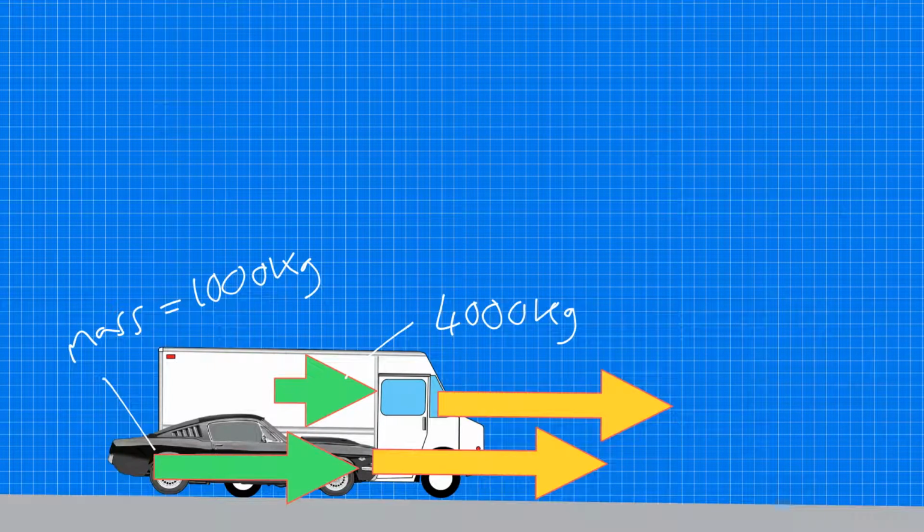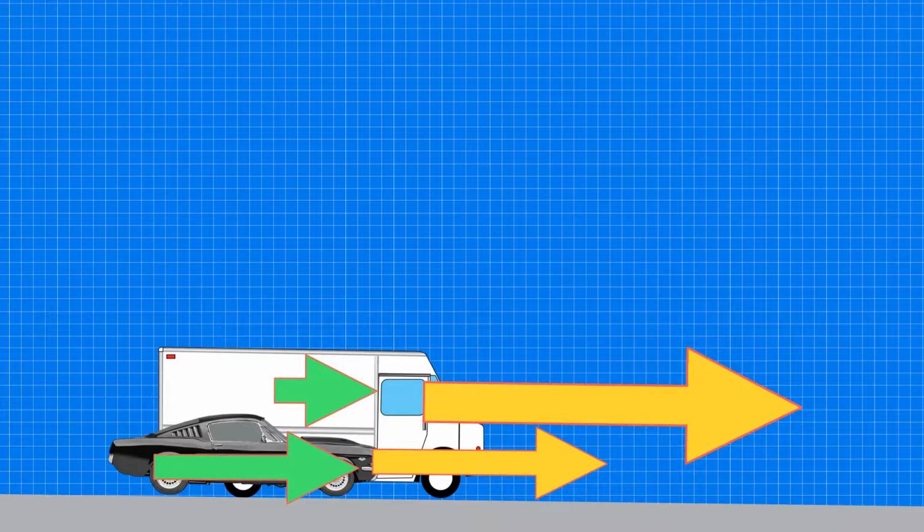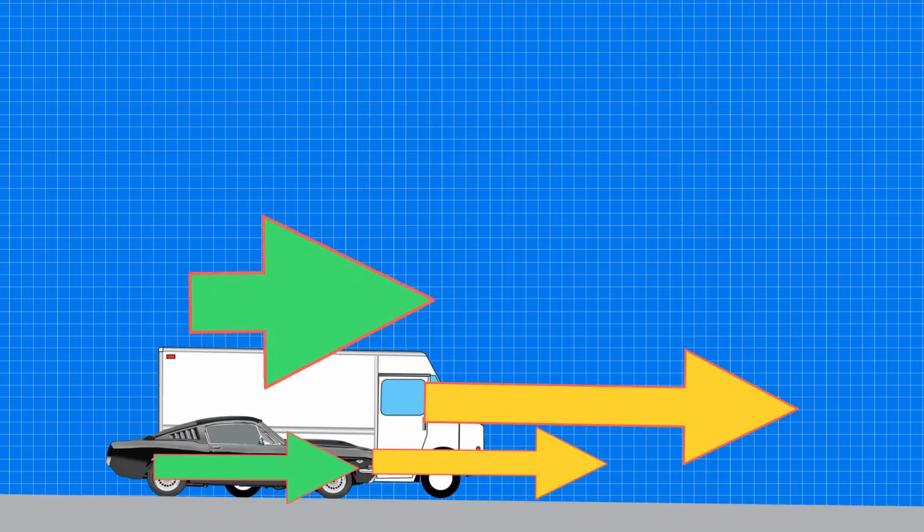So they have the same resultant force applied, but because the van has a greater mass, it experiences a smaller acceleration than the car. If we wanted these objects to experience the same rate of acceleration, we'd actually have to increase the size of the force on the van, and that would result in an increased acceleration.